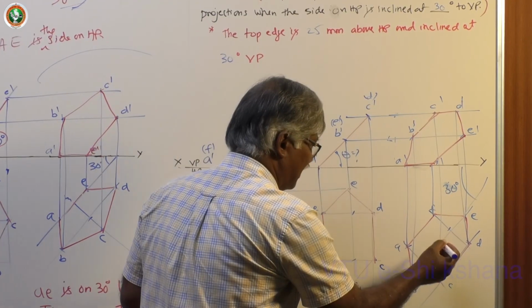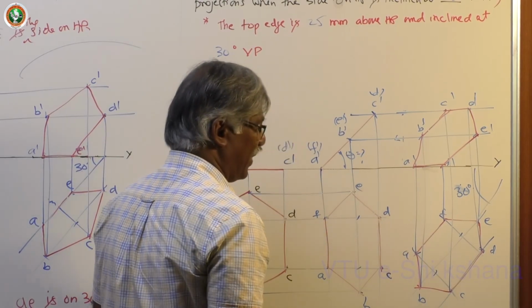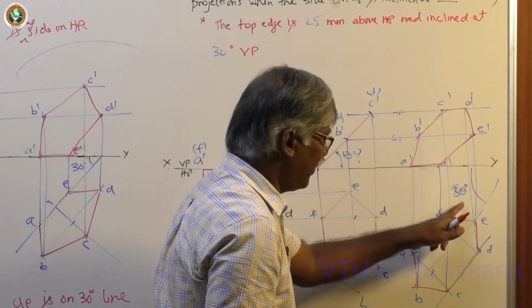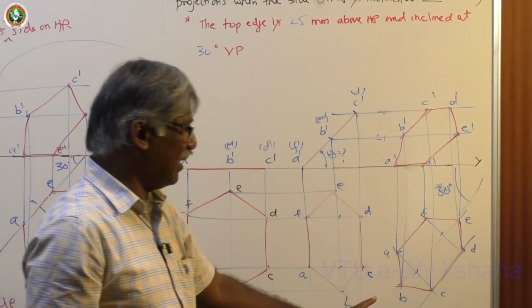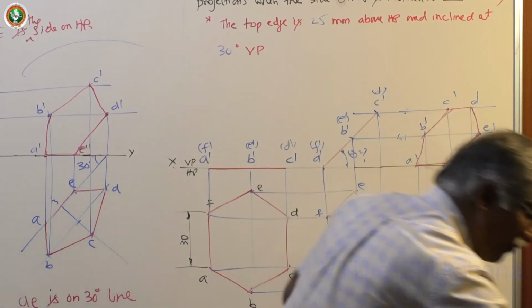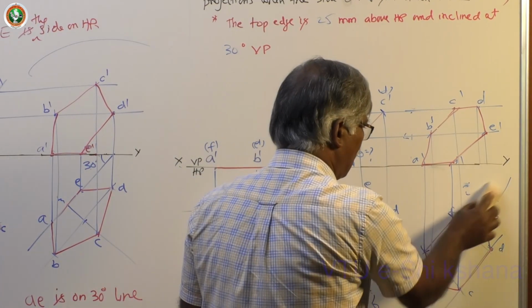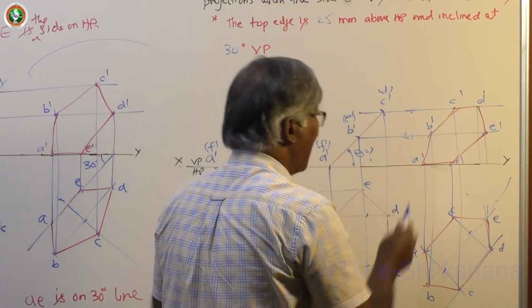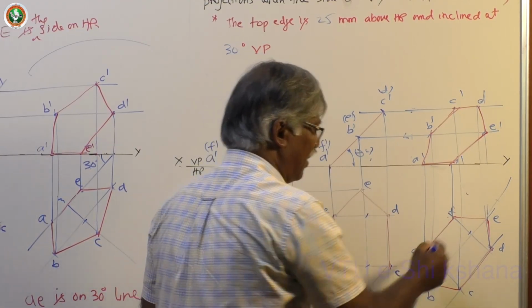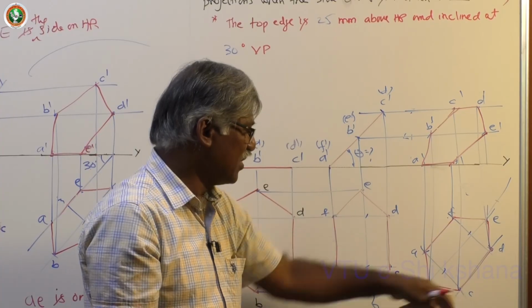See, the top edge CD is inclined at 30 degrees to VP. Now, I have done this for drawing purposes, but finally you should try to understand for what they have given the inclination. Even this is absolutely correct, but you should dimension it to either one: if they ask the first version, AF, you must dimension, project and do it. If they ask the second version, you must dimension it to CD.